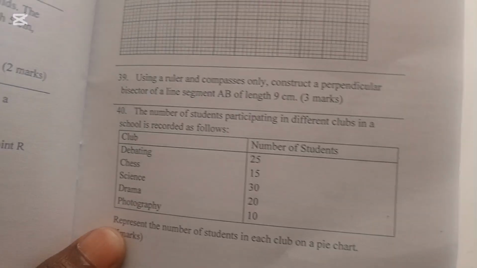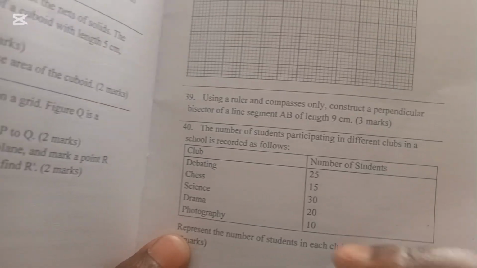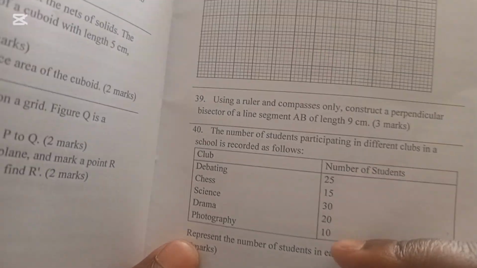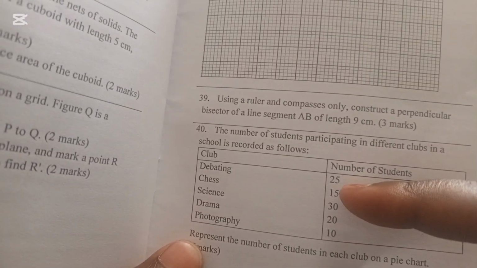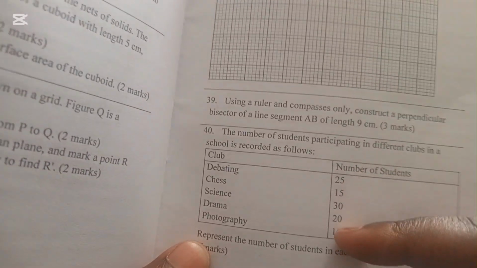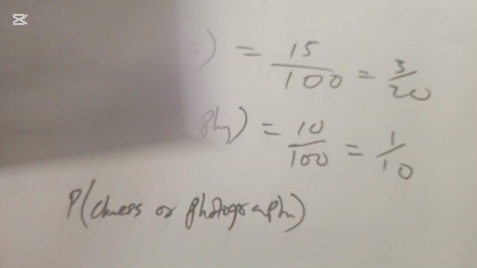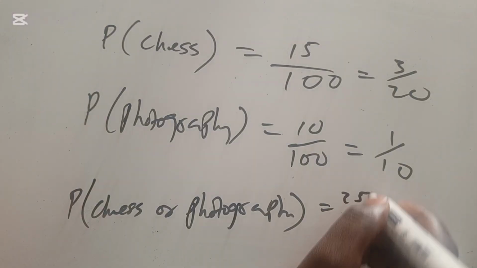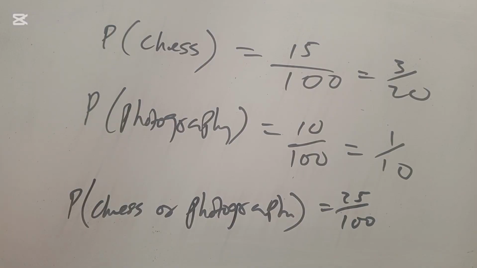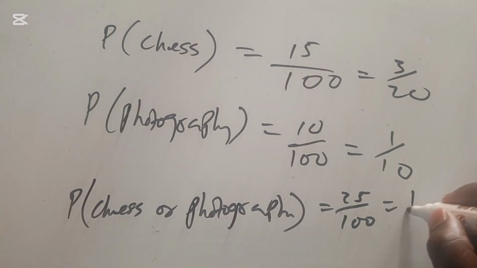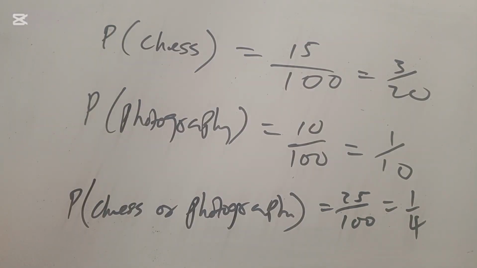So what's the probability that the student picked at random is either in chess or photography? You add the number of students in chess and photography: 15 plus 10 is 25. So you have 25 over 100. So this is actually a quarter. And this actually means a quarter of the students in the school are in chess or photography.